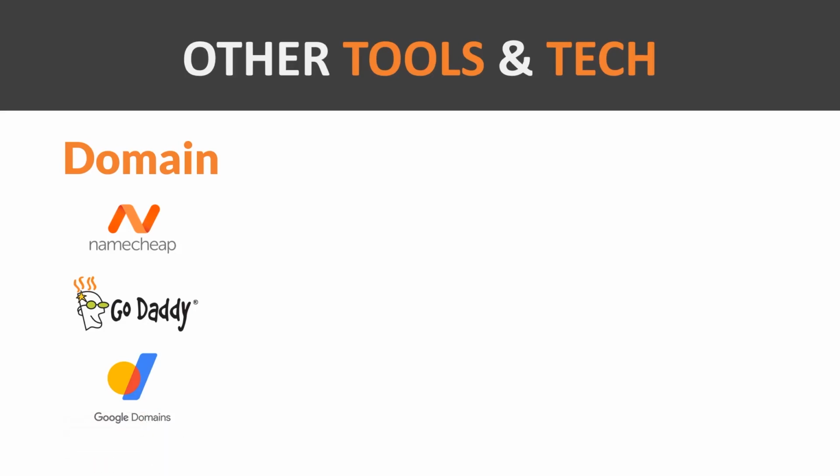So now you can buy a domain using Namecheap. It's very easy to buy, and GoDaddy is a second option, and Google Domains is also my option. You can buy anything in Google Domains and GoDaddy. So my first option is Namecheap.